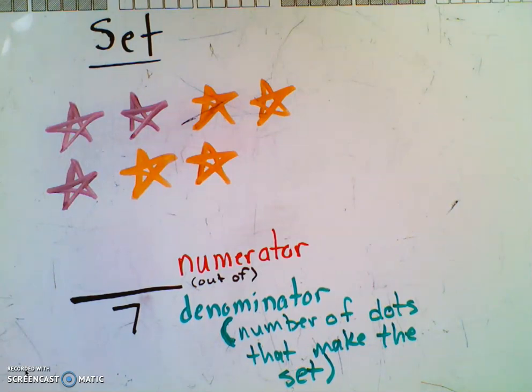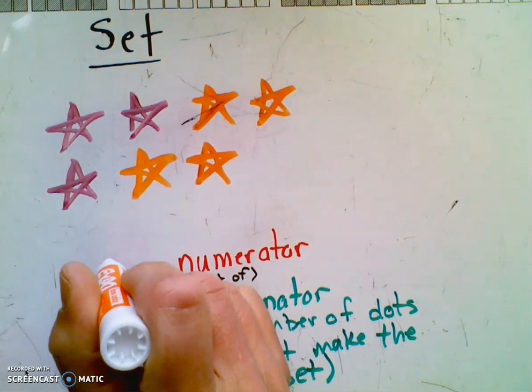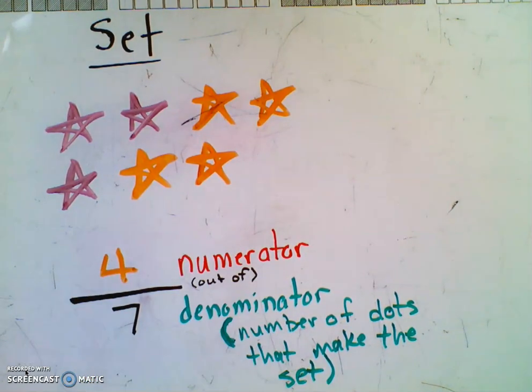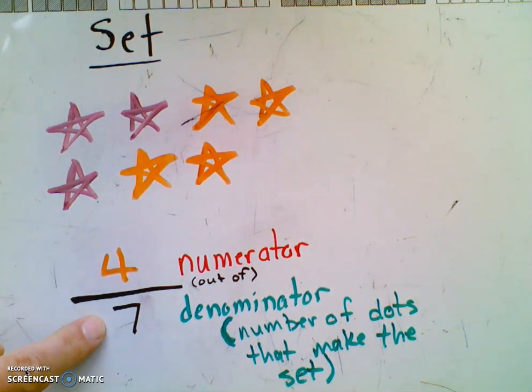So my question then is, how many are orange? Remember, how many of those stars were orange? You're going to count the orange stars, and I hope you've already counted and you're shouting out at me on the video, 4! You're right. 4 out of 7 stars in that set are orange. 4/7. That's how you would say that.